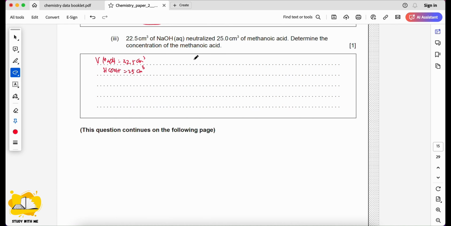So as per the equation, mole of acid is the same as mole of OH-. So the concentration of the acid will be 22.5 cm³ divided by 25 cm³ times 0.2 mol/dm³. So you get 0.18 mol per dm³.